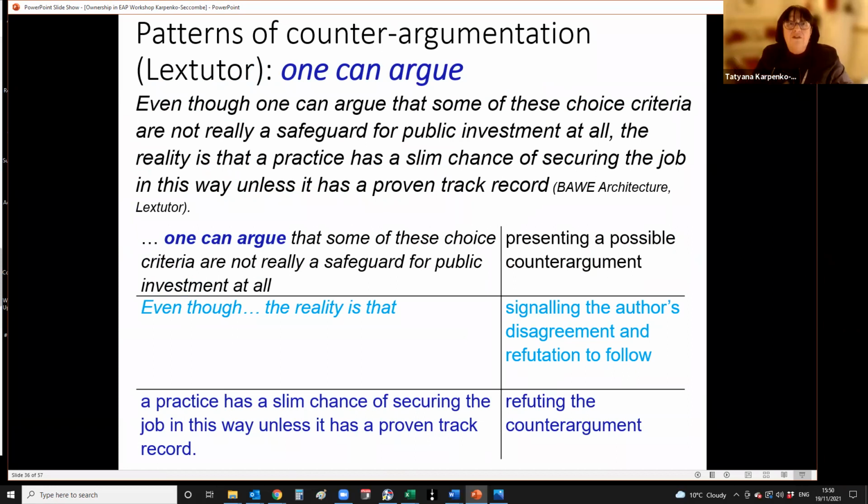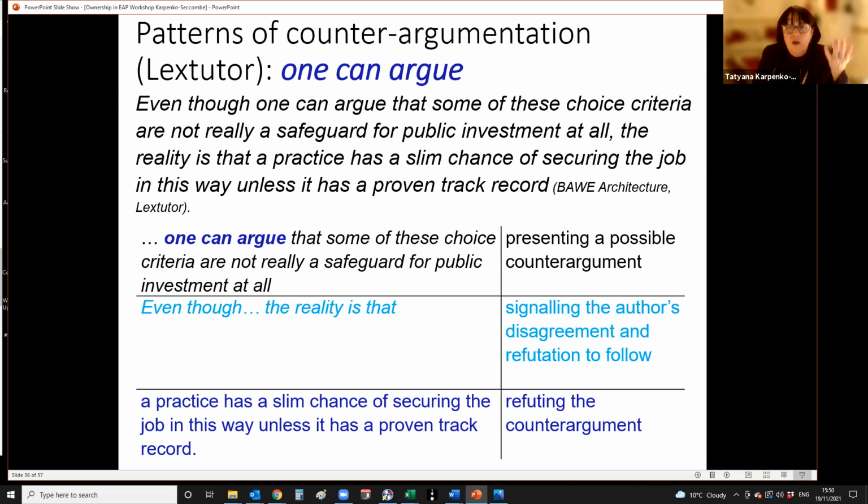We look at the moves, we look at the signals. The signal one can argue marks the beginning of the counter-argument, and then how the author signals disagreement. And I can ask students to find the ways in which the author signals disagreement.